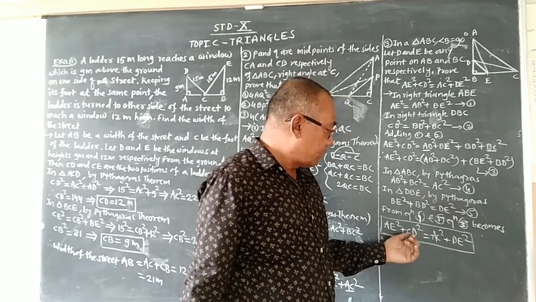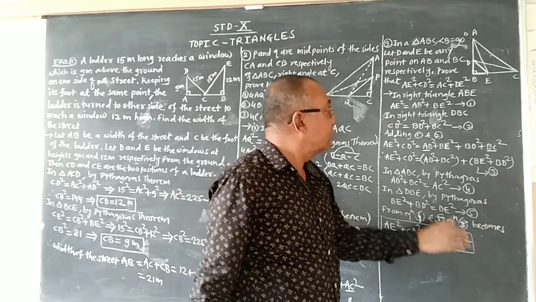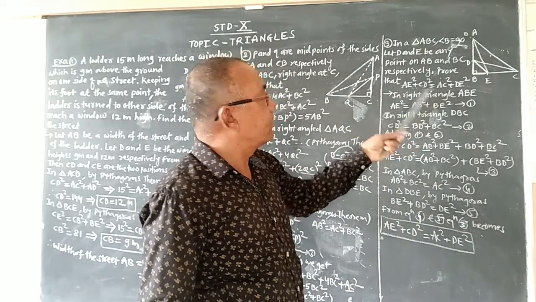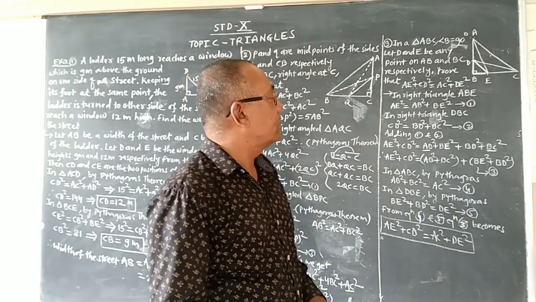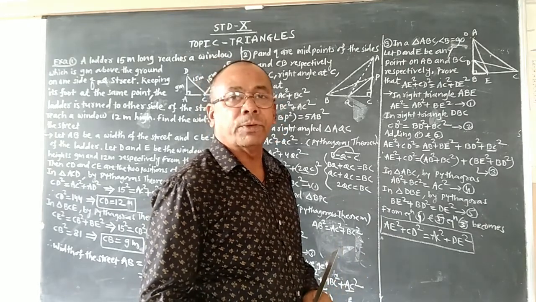So AE square plus CD square is equal to AC square plus DE square. In this way we have proved the required equation, that is AE square plus CD square is equal to AC square plus DE square.